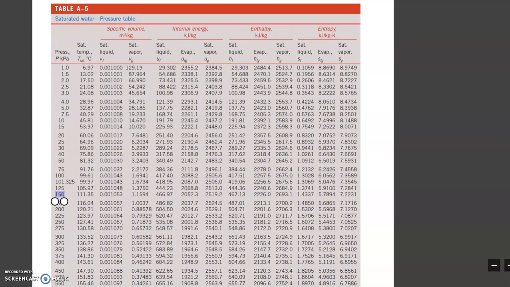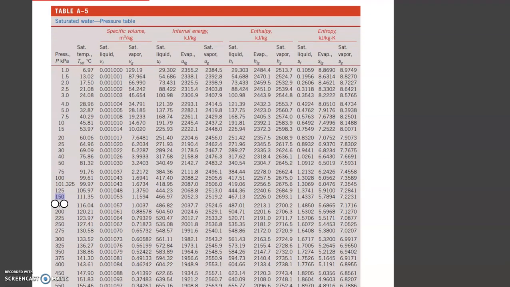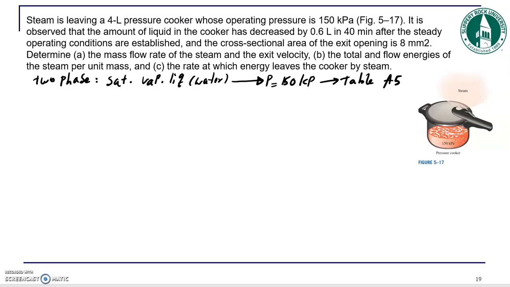So that's table A5, saturated liquid vapor at 150 kilopascal, and we write this information down, right? So what is leaving? Your vapor is leaving your system, right? It doesn't leave as liquid, but it does leave as a vapor.